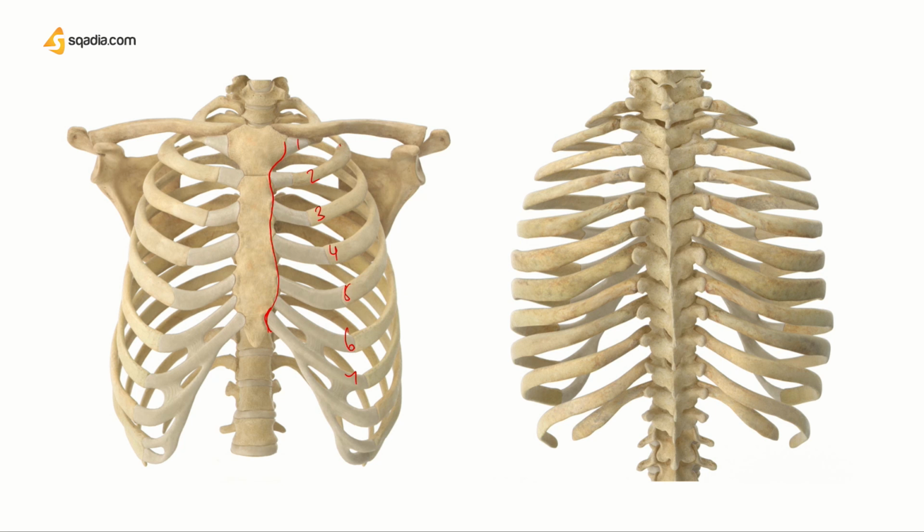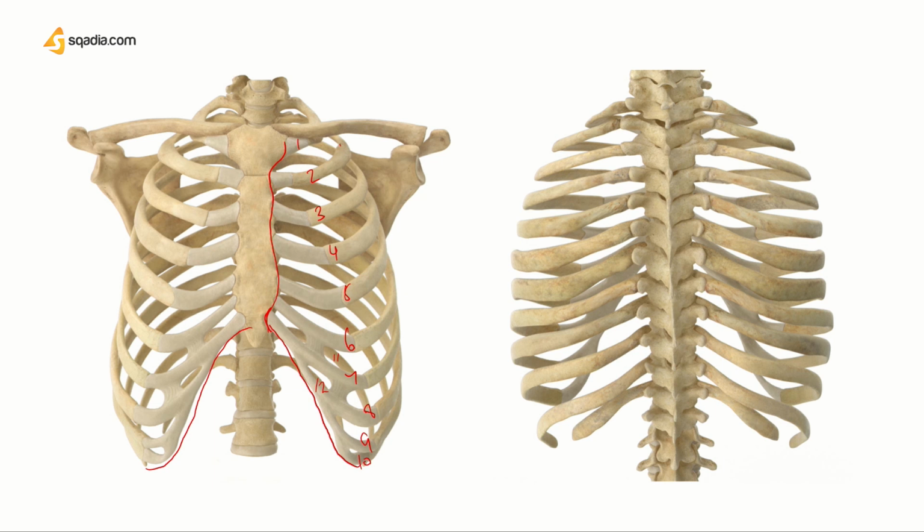But these ones here, 8, 9, 10, and then 11 and 12 are not. So 7, 8, 9, and 10, these ribs form the sloping costal margin. Okay, this is the subcostal margin.